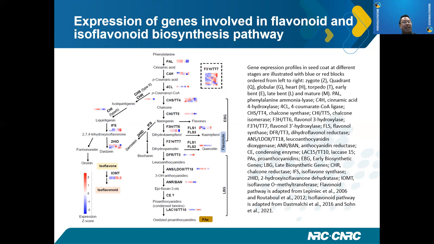We also did the expression analysis of genes involved in the flavonoid and isoflavonoid biosynthesis pathways and some other pathways for the secondary metabolites. This figure shows gene expression profiles in seed coat at different stages, illustrated with blue and red blocks, ordered from left to right.